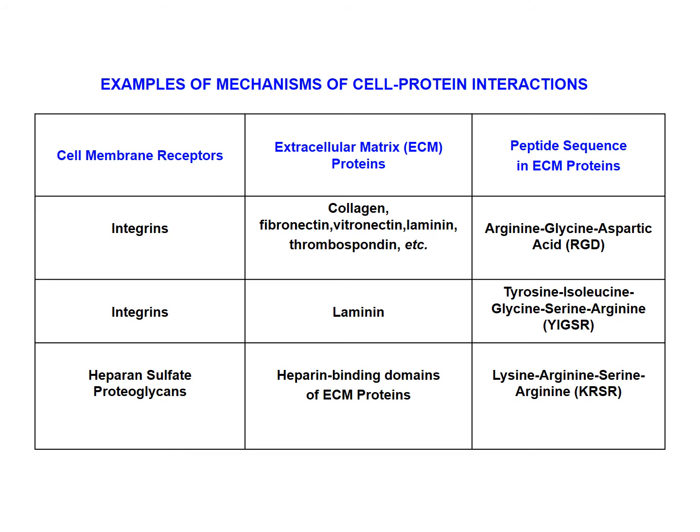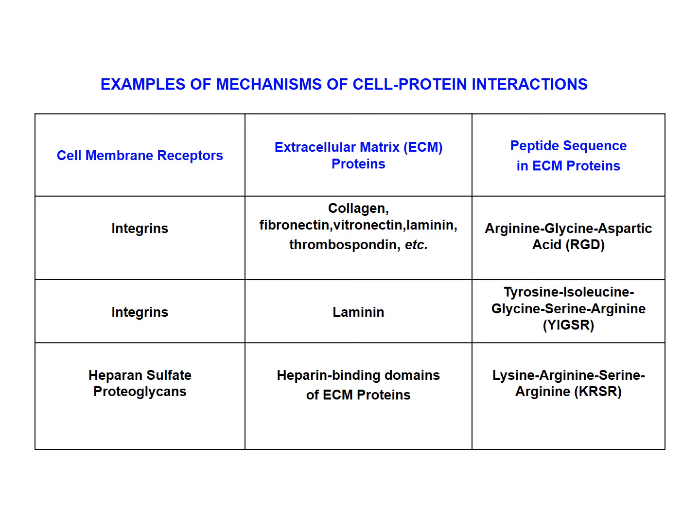Therefore, many cells may recognize that particular sequence in these proteins and adhere with their appropriate receptors on that particular sequence. In addition, the bulky big molecules, which are proteins, may have more than one peptide sequence which is recognized by cells as adhesive.